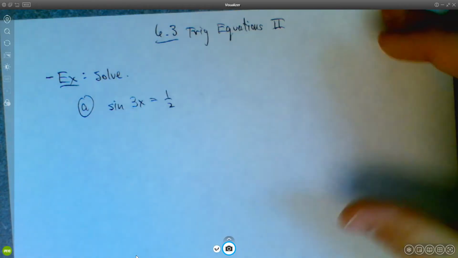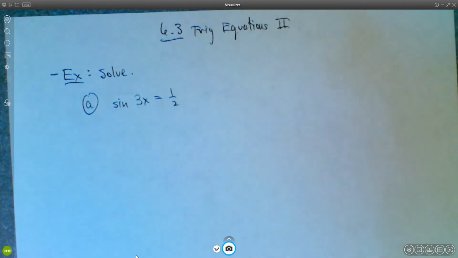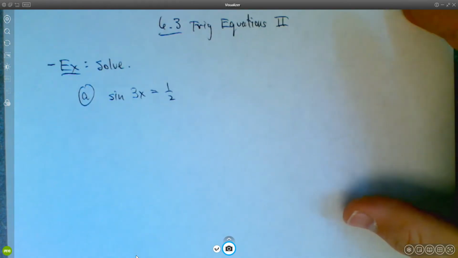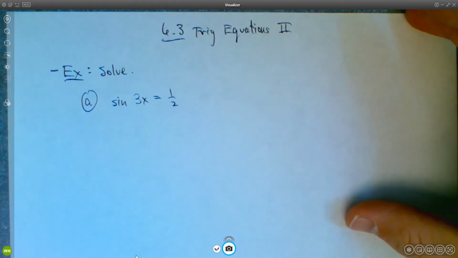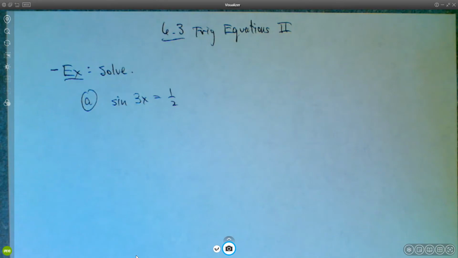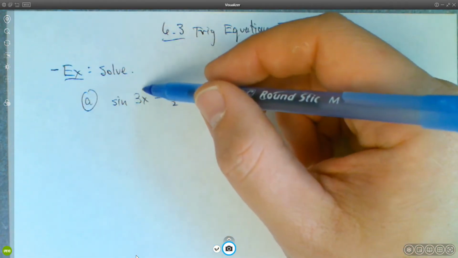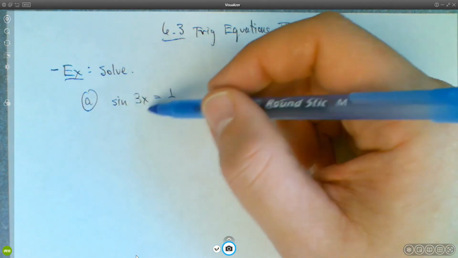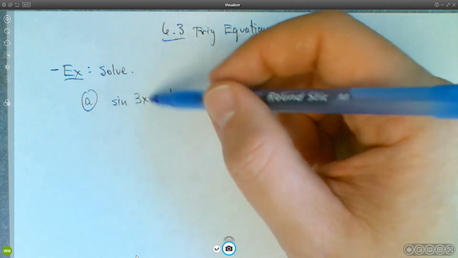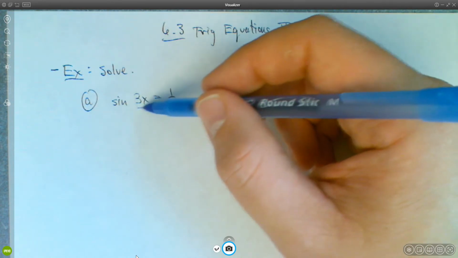So once again, if you follow along with the way that your textbook does this stuff, they end up having to introduce a completely new set of ways to solve these kinds of equations. Notice that the difference here from what we were doing in 6.2 is that now we have more going on inside of the trig function, right?